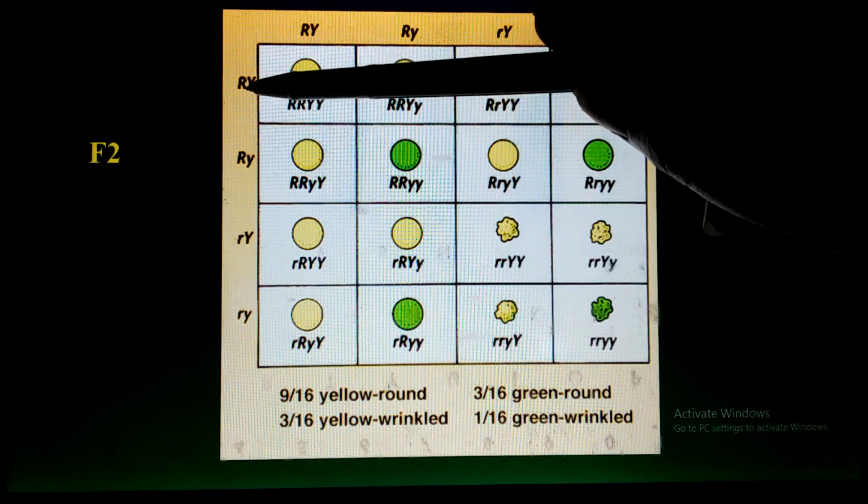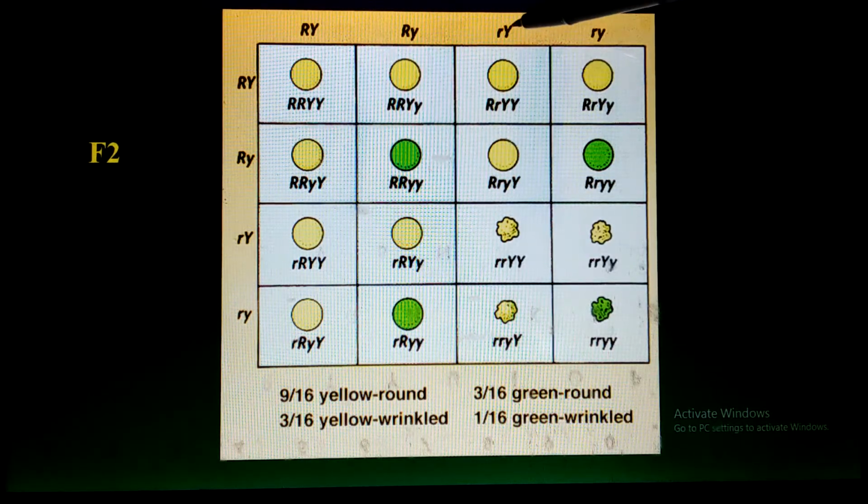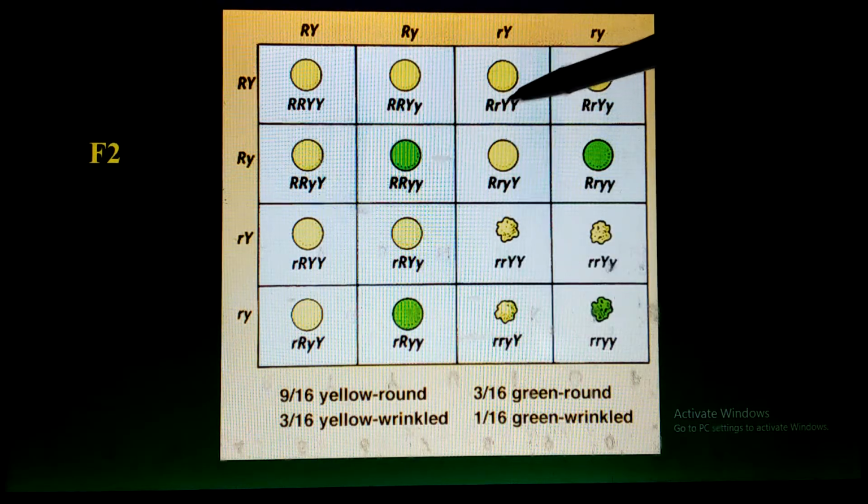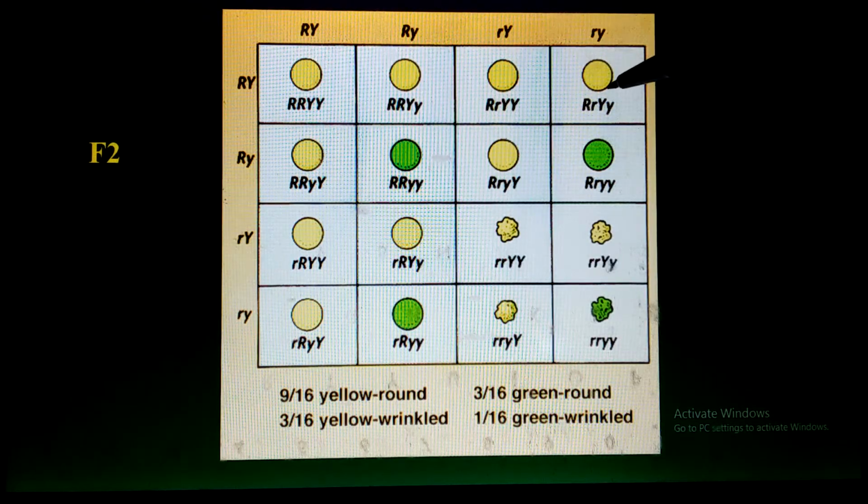Now the same: capital R, small r, capital Y, capital Y. So here yellow is homozygous but round is heterozygous. Is it clear? Similarly here, capital R, small r, capital Y, small y. So both round shape and yellow color are heterozygous, an individual that is round and yellow.